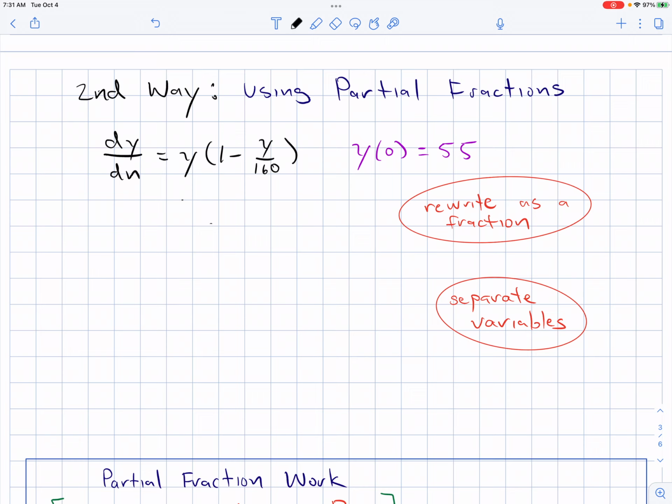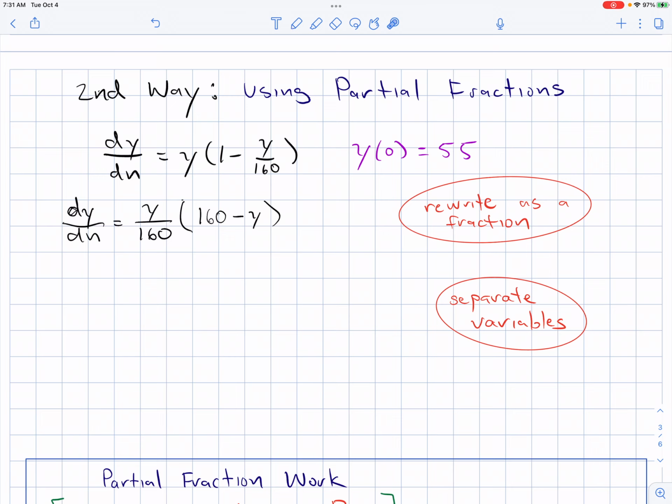So factor out 1/160th from the parentheses, and we get dy dn being equal to y over 160 times 160 minus y, and then, so we wrote it as a fraction, and then we can separate the variables.